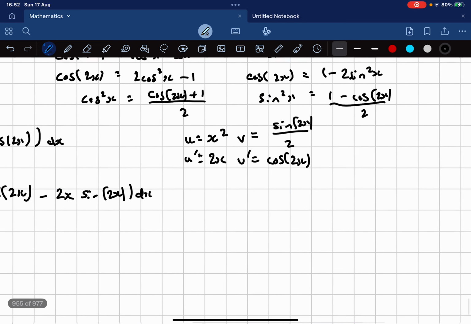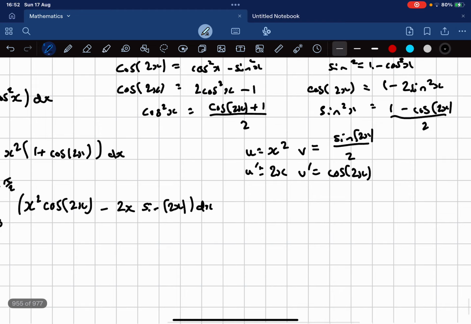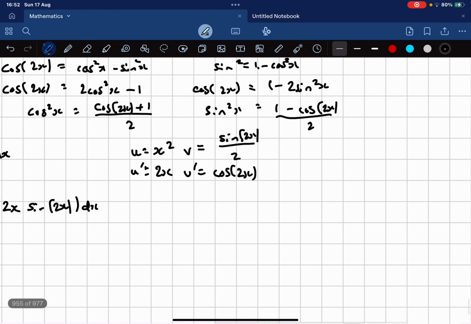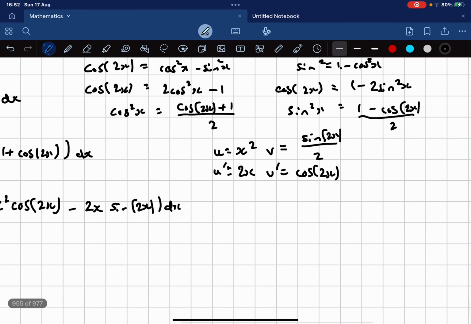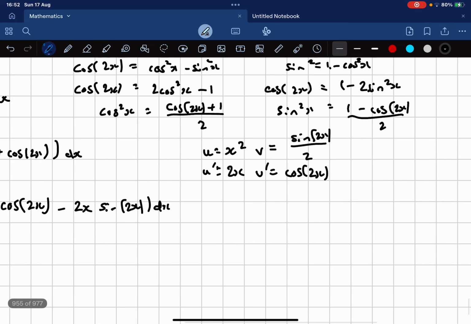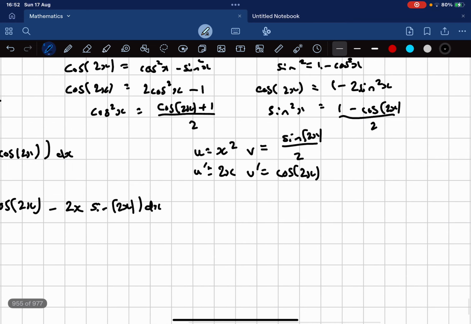And then we're going to have minus 2x sine 2x. I'm going to forget about that negative when I do my by parts, just for simplicity. However, I've noticed where I can reuse it, but I'm going to leave that at first for simplicity.